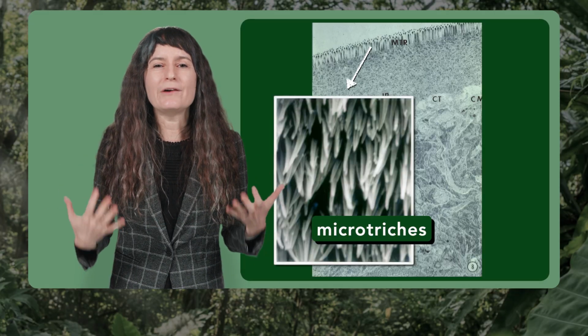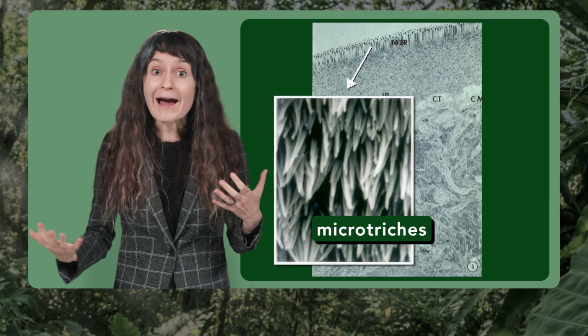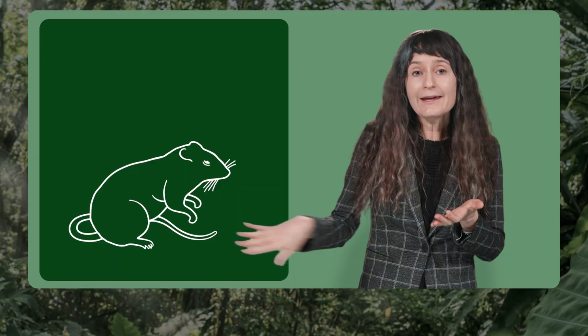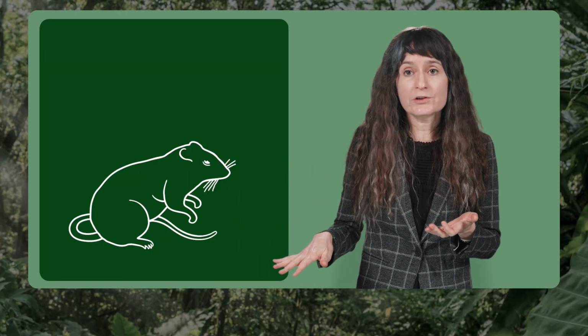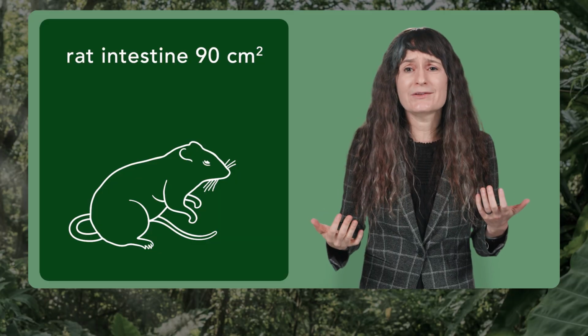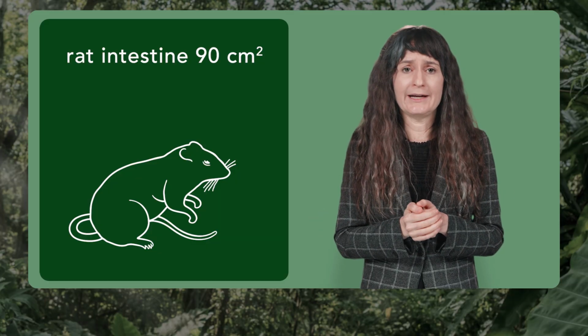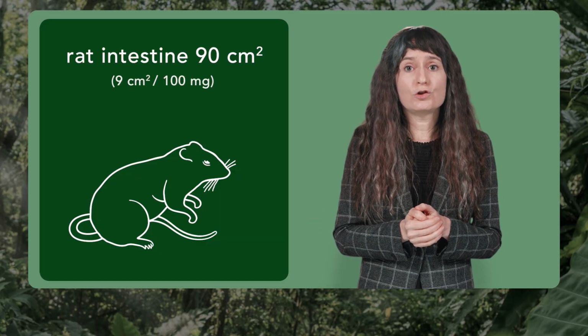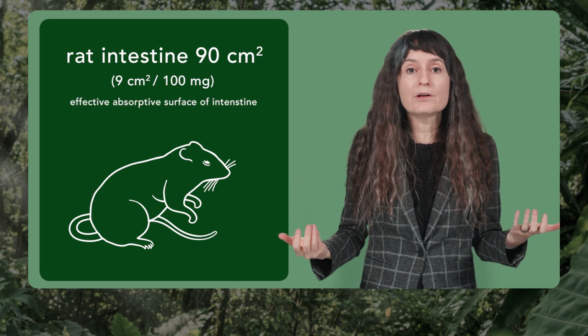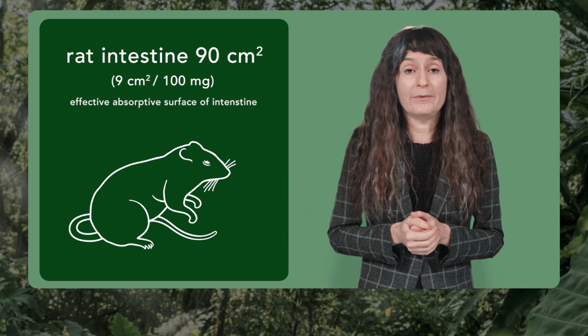Let's compare the amount of absorptive surface between the rat and its tapeworm. If you cut a rat's intestines out, lay them out totally flat, and calculate that intestine's total absorptive surface area, the rat has about 90 square centimeters of effective absorptive area in its intestine, which translates to about 9 square centimeters per 100 milligrams of rat intestinal biomass.